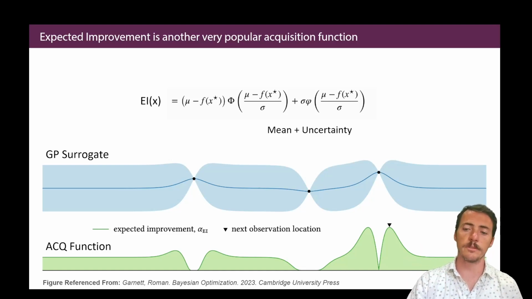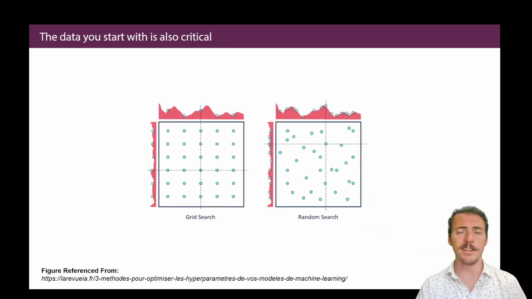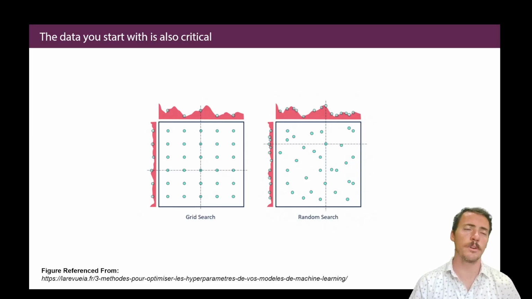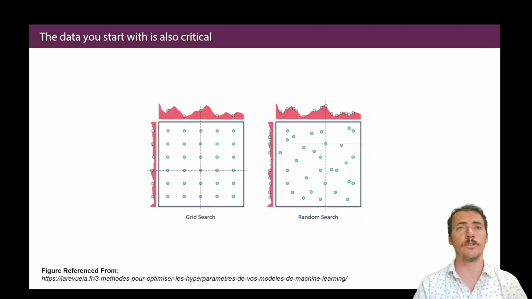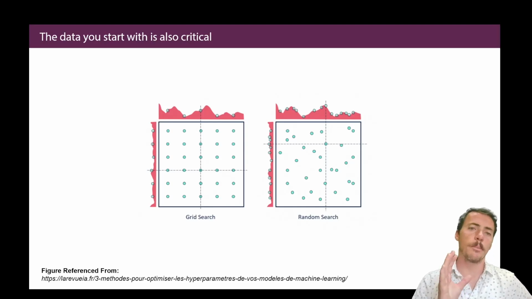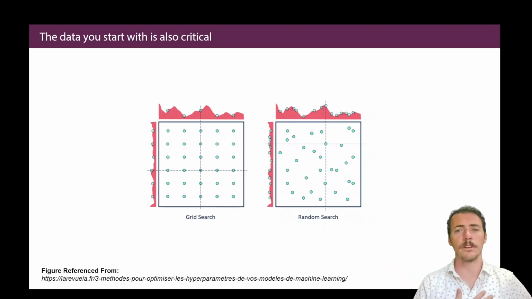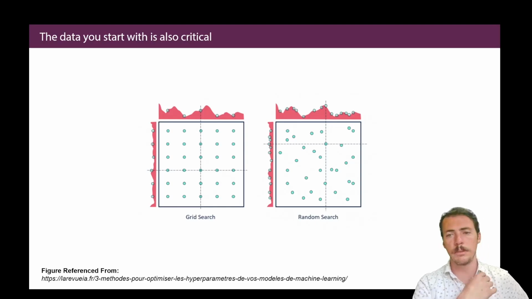But in any case, you have to have some sort of surrogate model, some sort of acquisition function, and some data to start with. And the data that you start with is actually pretty critical. It changes pretty dramatically how quickly your active learning campaign, your Bayesian optimization campaign, can converge to some optimum scenario where you've met your final goal, right? So for example, you could consider starting with a grid search. That's sort of like the design of experiment we mentioned earlier. Or maybe you're like, no, I'm just going to pick points at random.